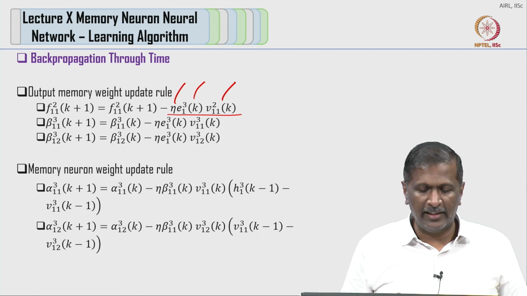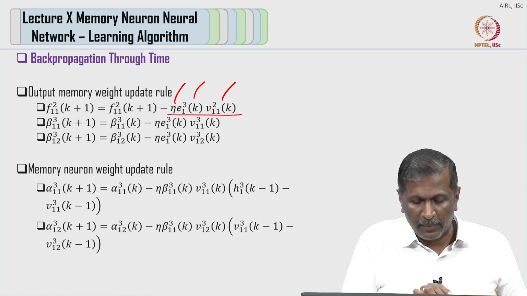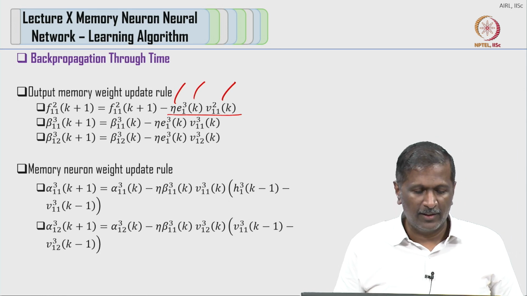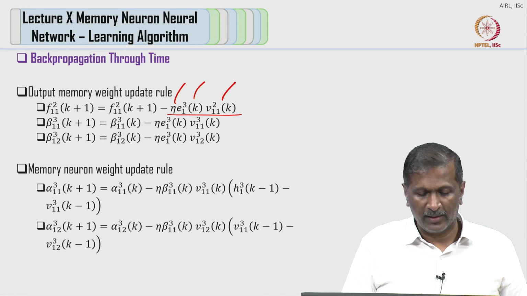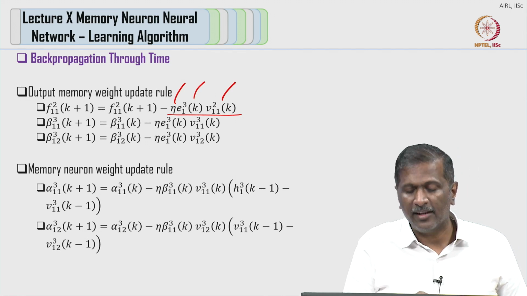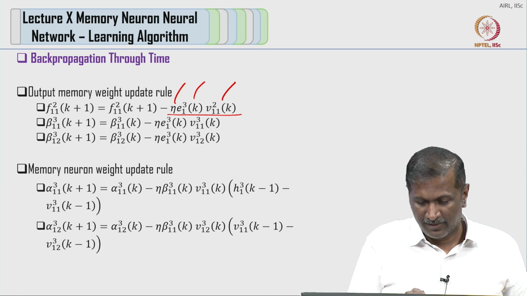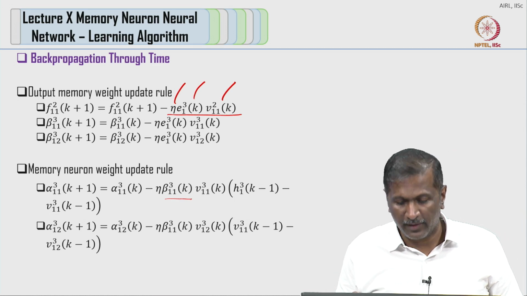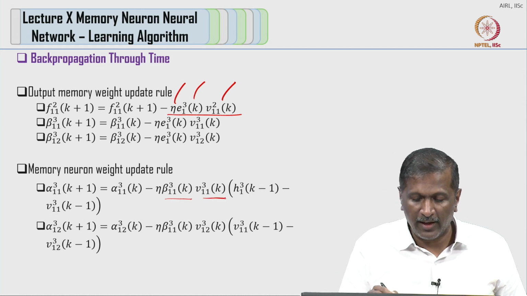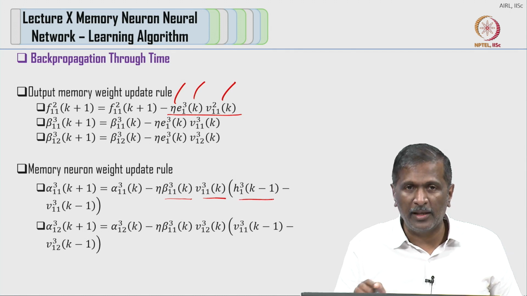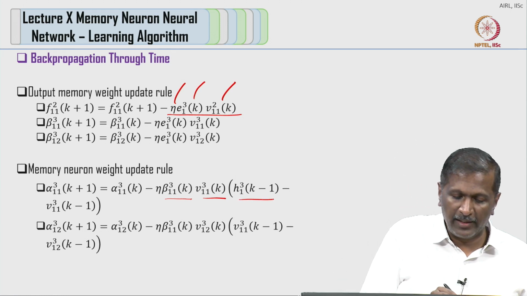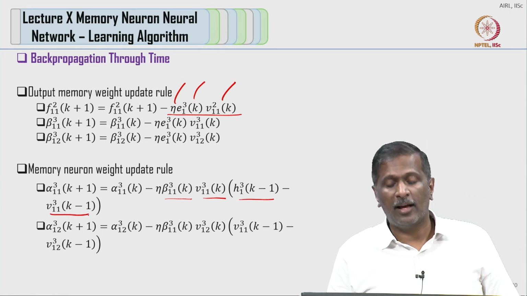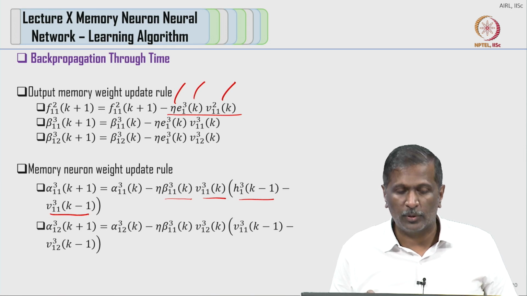We can also get the memory neuron update. Alpha 11 of 3 of k plus 1 is alpha 11 of 3 of k minus the corresponding feedback weight times the previous input minus the current output.